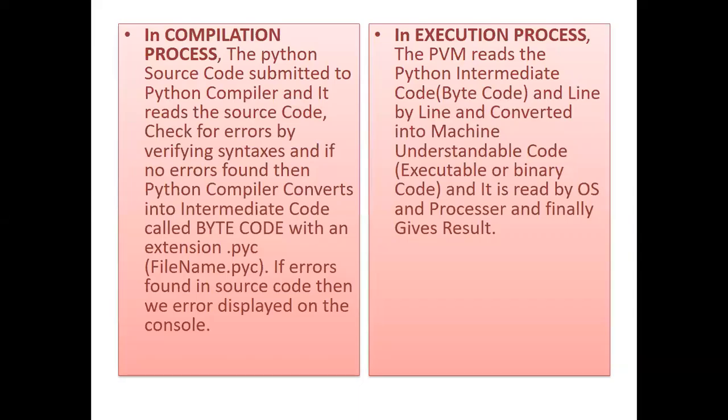It reads the source code, checks the errors, verifying the syntax, and if no errors are found, the Python compiler converts it into intermediate code like bytecode with the extension .pyc. If an error is found in the source code, then the error is displayed on the console.